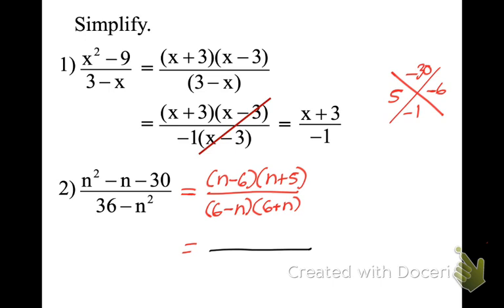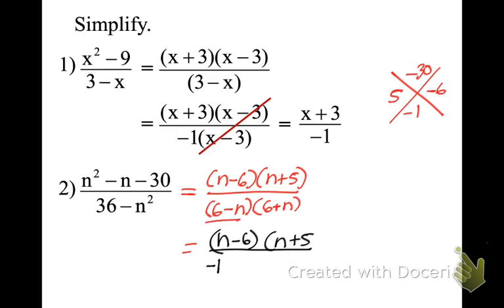The first one, we're going to keep it as n minus 6 times n plus 5. And what would I do, Dakota? You could do negative 1 times the quantity of 6 minus n. No, okay, but if I'm doing negative 1, I have to take the opposite. I can't just add a negative 1. The negative 1 means opposite, and the opposite of 6 minus n becomes?